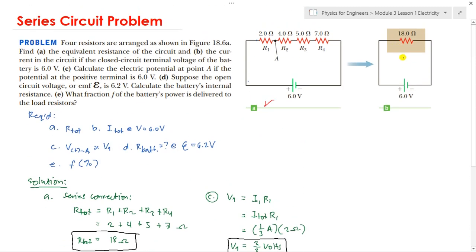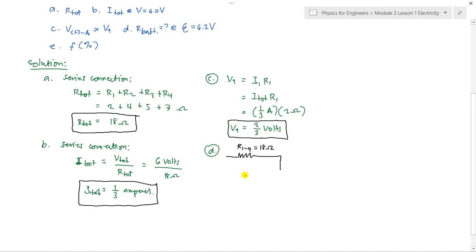Or as you can see in the figure, kanang ikaduha letter B, gi-combine na niya. So here, since we have an open circuit voltage, so assuming ang kaning atong 18 ohm resistor naka-series biya ni siya sa atong battery, di ba? And then since yun man diri nga internal resistance ng battery, then ato na po i-calculate na po R battery, R battery mo na atong gipangita. And we all know that the voltage across this battery is, di ba, katong V nato is equal to the total voltage, that is 6 volts.